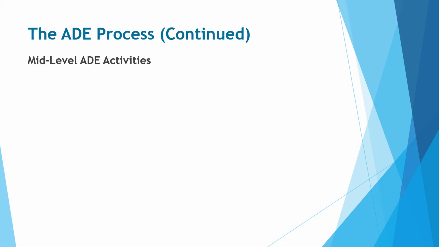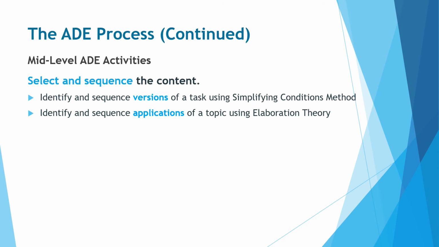The mid-level ADE activities provide the next level of clarity about the vision for each task or topic. They begin with a more detailed selection of content and its sequencing. This is done differently for task and topic expertise, so our guidance is tailored to each. Versions are identified and sequenced for each task, and applications are identified and sequenced for each topic.